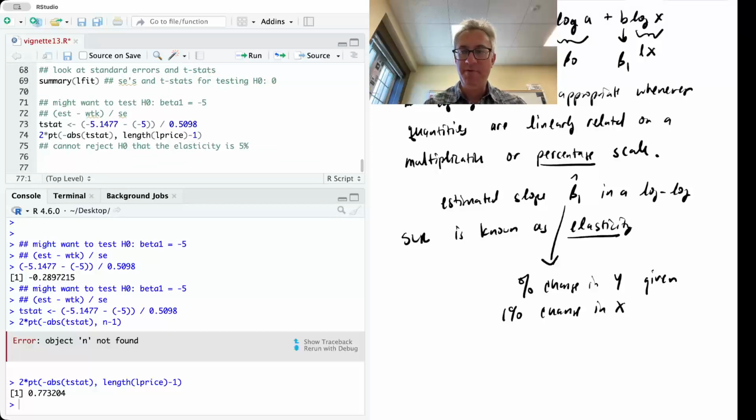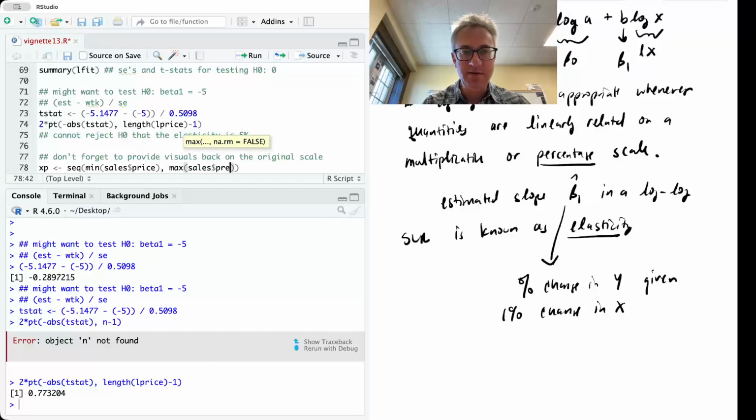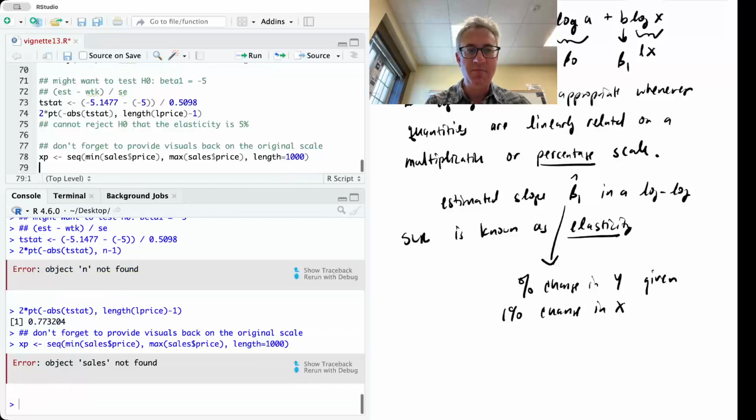All right, let me wrap up here. Again, don't forget to provide visuals back on the original scale. So I want to end by doing that. I want to make a predictive grid that goes from the smallest price, back on the original scale. So let's do seq of min price, max price, length equals 1,000. So I'm making my grid. Oh, it's not sales, it's confood.